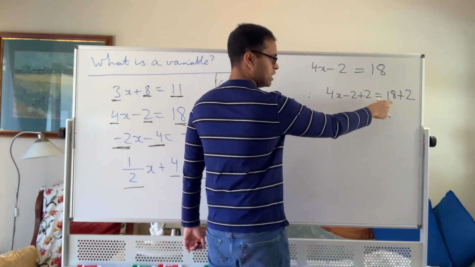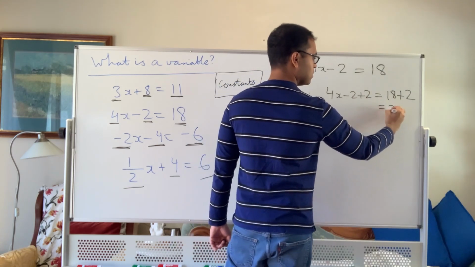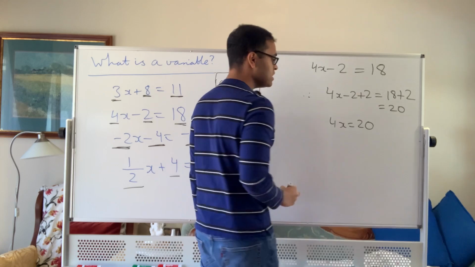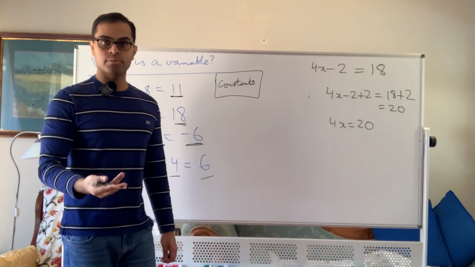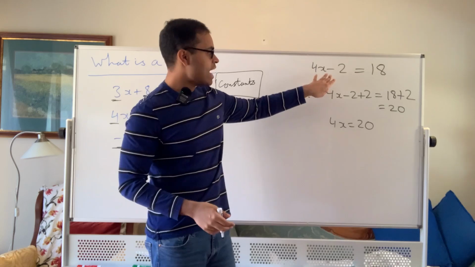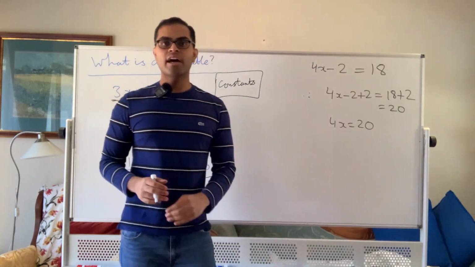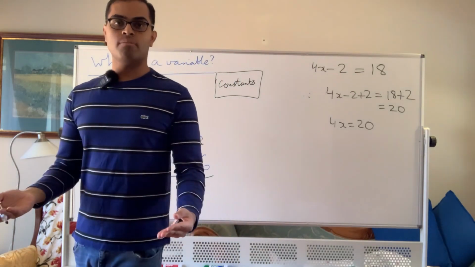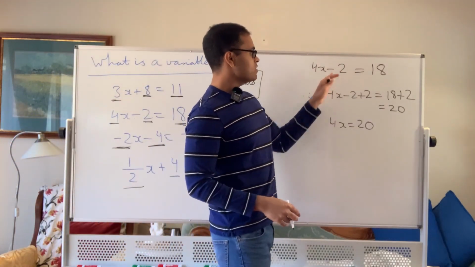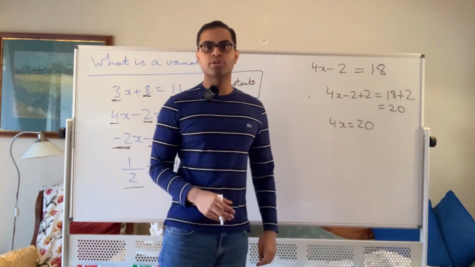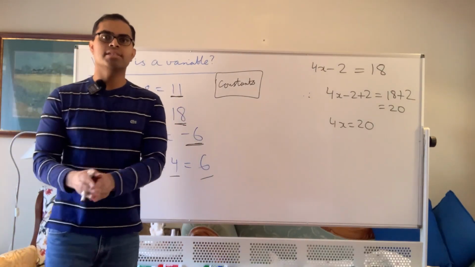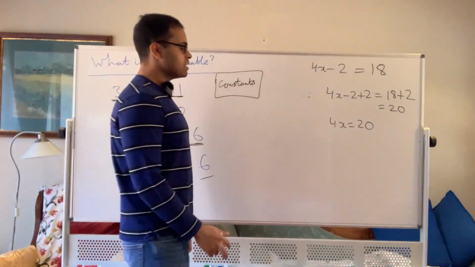I'm just saying that being 2 more than 18 is being 20, but I'm writing it this way because it's showing your work as you're solving the problem. When you add 2 on both sides, you're saying that two things are equal, therefore if I add 2 to both of them, they still remain equal. And that gets rid of the minus 2 and just leaves you 4x. So you have made your thing simpler. This is the idea of problem solving: you make things simpler at every step and get closer to the solution.